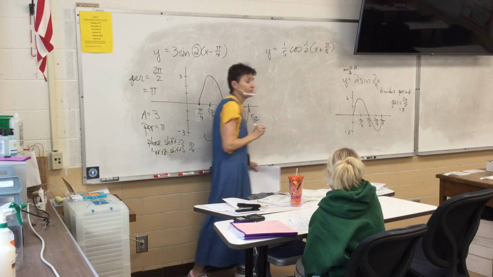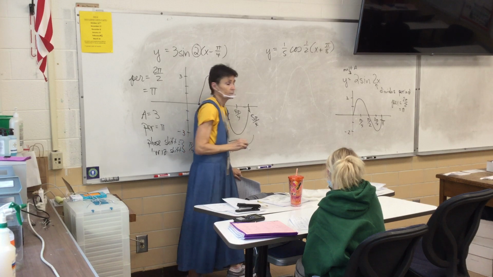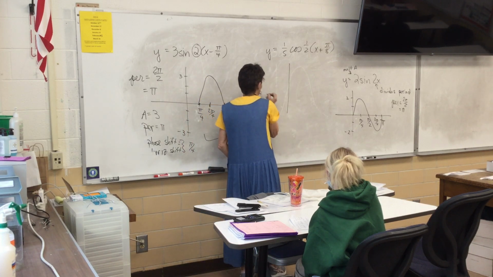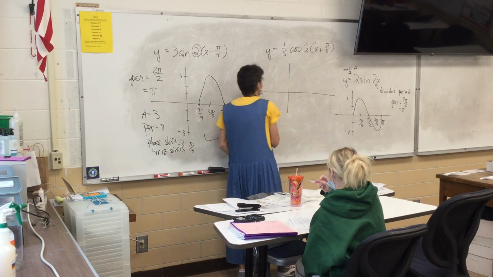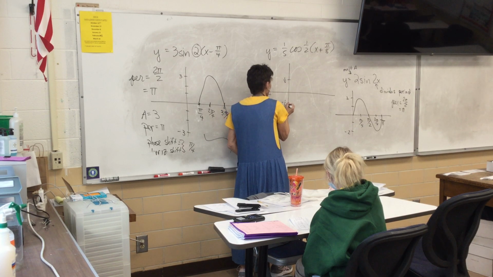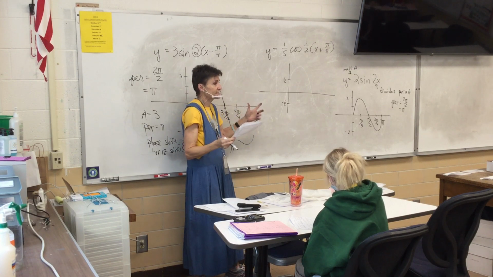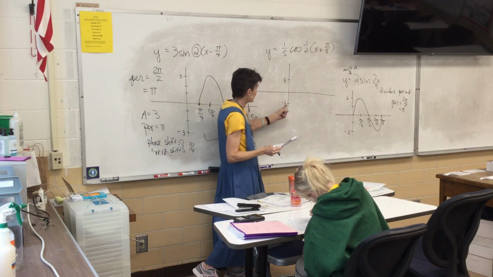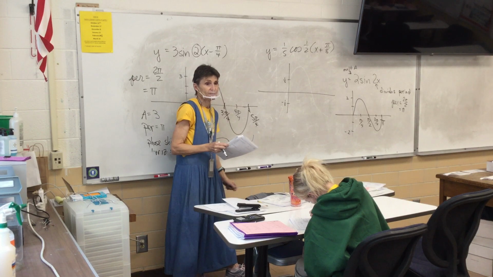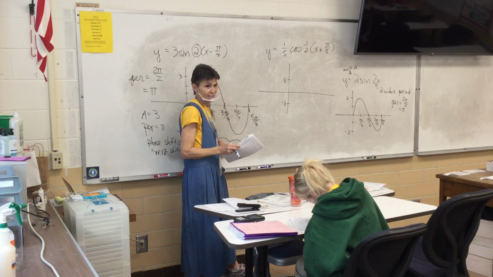Boy, this looks scary, but you can do it. Amplitude is 1/5. Now, in reality, this is really squishy, but I want to spread it out so you can see what's going on. So I'm just labeling this 1/5 and -1/5. Is that okay with everybody? That's fine. You can do the same thing. Otherwise, it just gets too cramped.